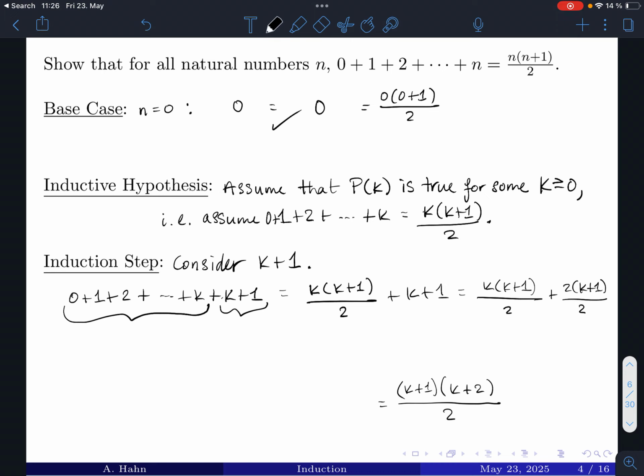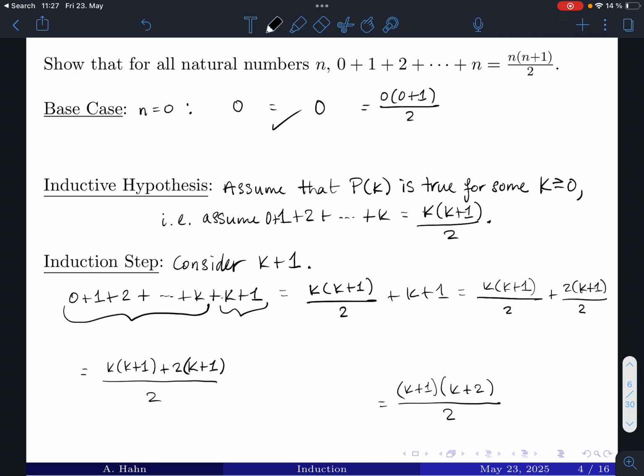Great. Now let's add those together. That is equal to k times k plus 1 plus 2 times k plus 1, divided by 2. All I did was add these two fractions together, and when you add fractions with the same denominator, you just add the numerators.